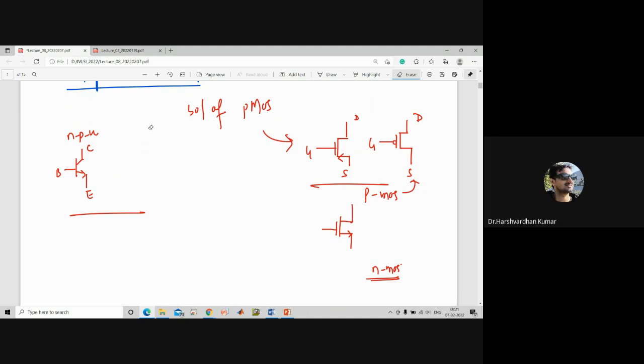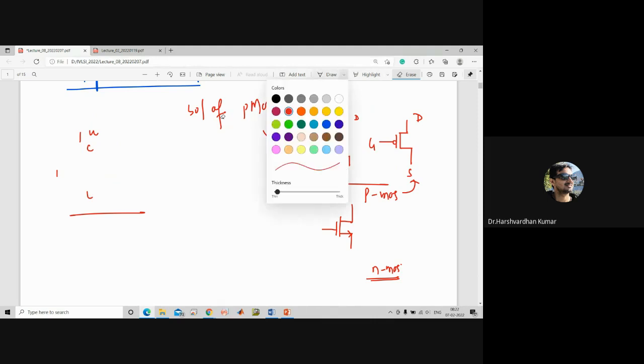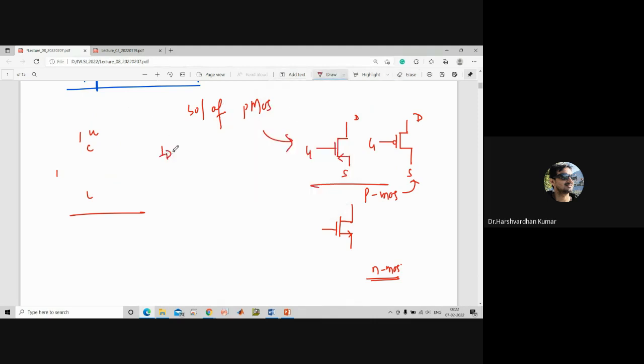So we know, depending on the biasing, the current will either flow from drain to source or source to drain. Let us talk about the NMOS transistor. What do we write? IDS, meaning current is flowing from drain to source. Whenever we write ISD, what does it mean?